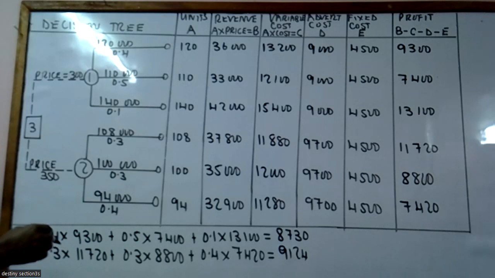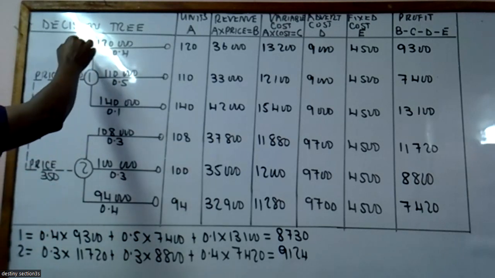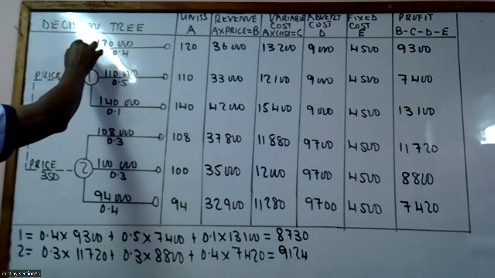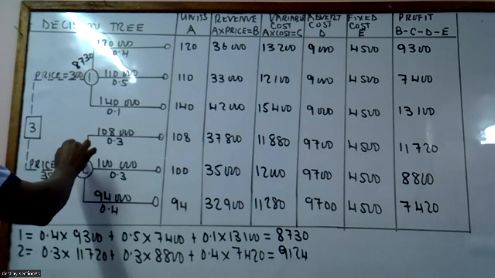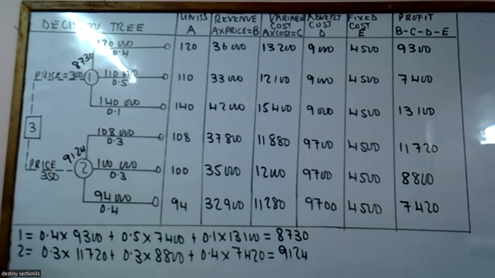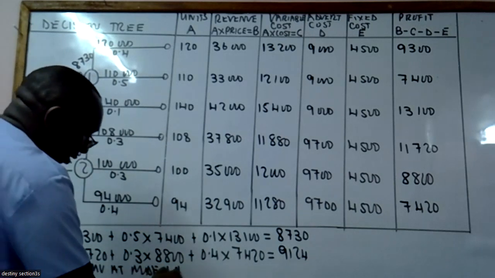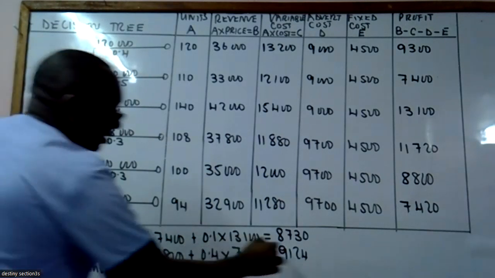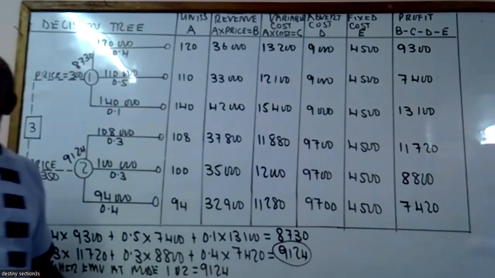Those figures, you can choose to write them here or you ignore: 8,730 and 9,124. So that for the decision node, we pick the higher EMV at node 1 and 2. And the higher is this one, 9,124.